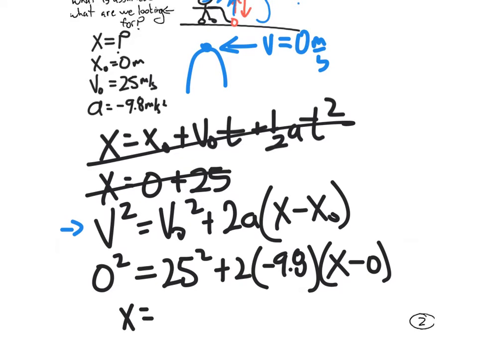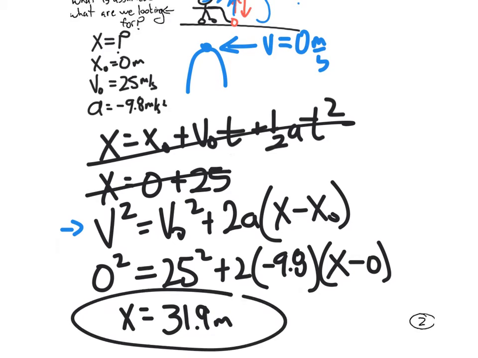So solving for x, let me grab my calculator. We're going to subtract 25 squared and then divide by negative 19.6. So 625 divided by 19.6 gives us 31.9 meters. So that's how high it goes.